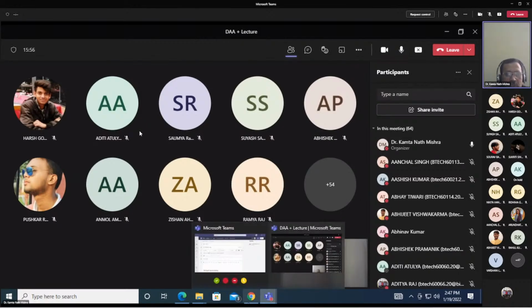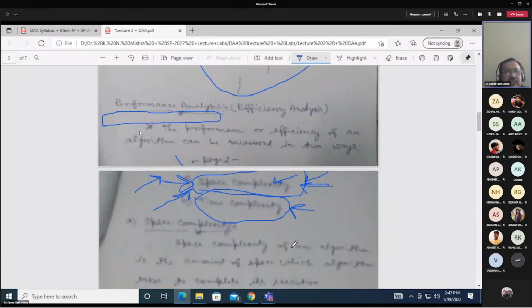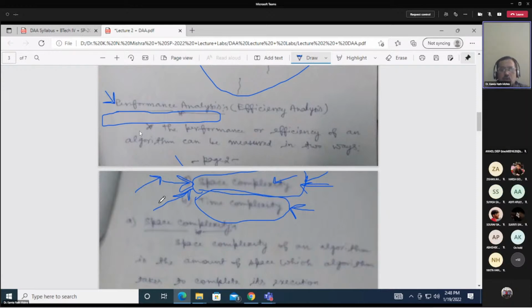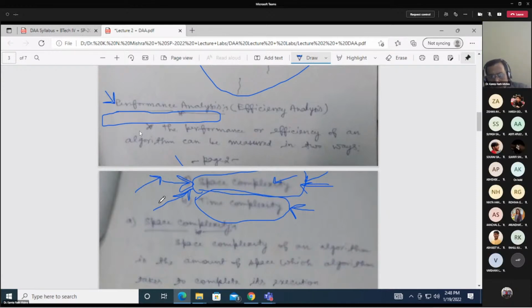So this is about space complexity. Whenever you are analyzing the performance of any algorithm, or whenever you are comparing the performance of two or more algorithms, you can use the space complexity method, as I mentioned.